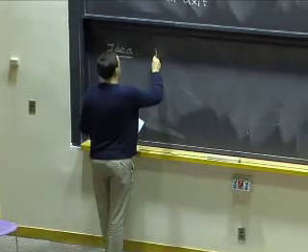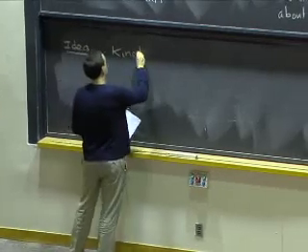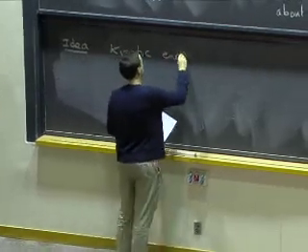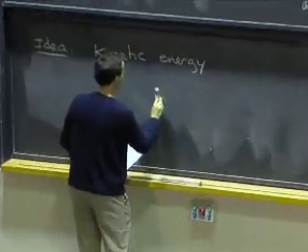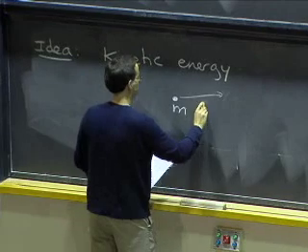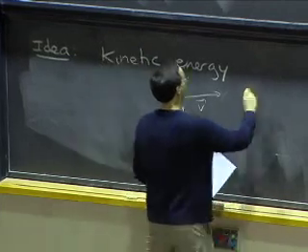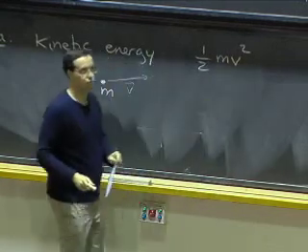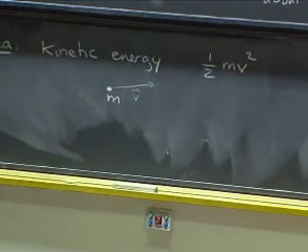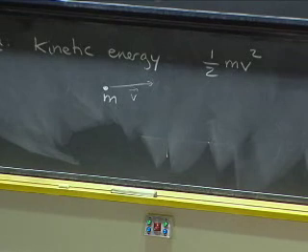So if you look at the kinetic energy of a point mass, something with mass m going at velocity v, that will be 1/2 of the mass times the square of the speed. Hopefully you've all seen that formula sometime before.